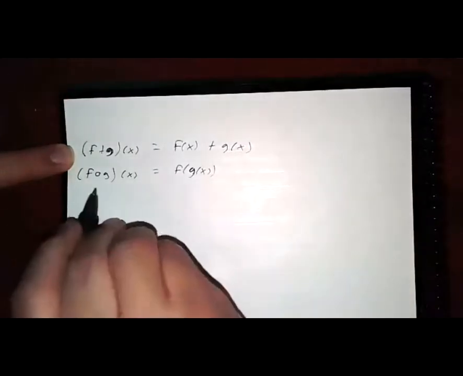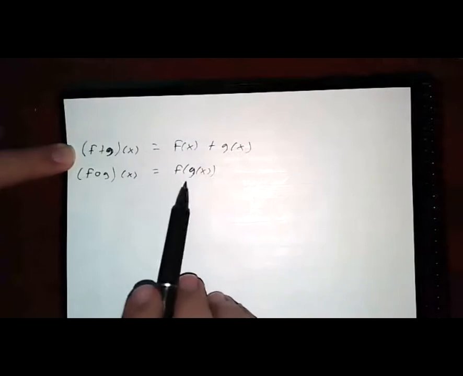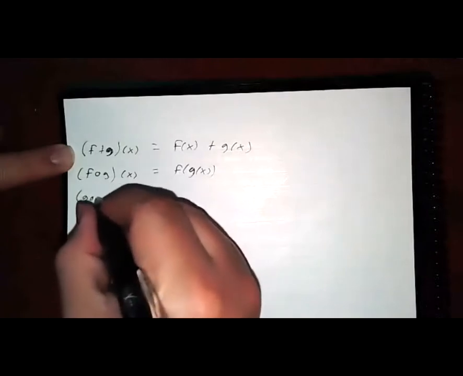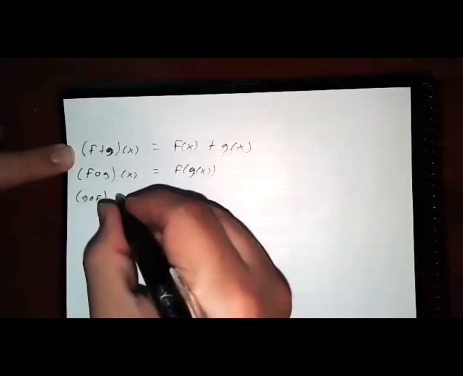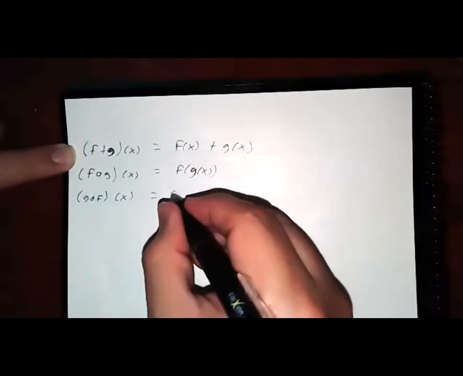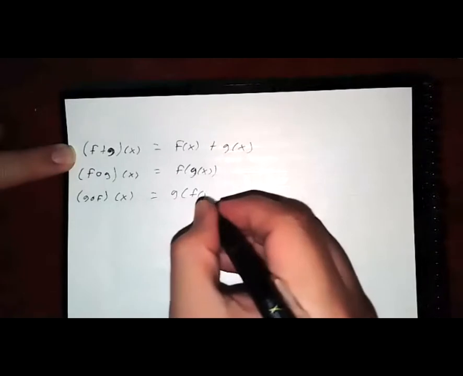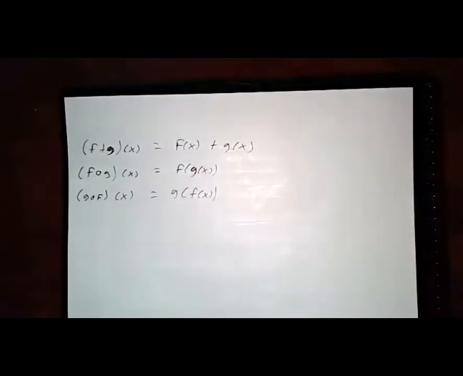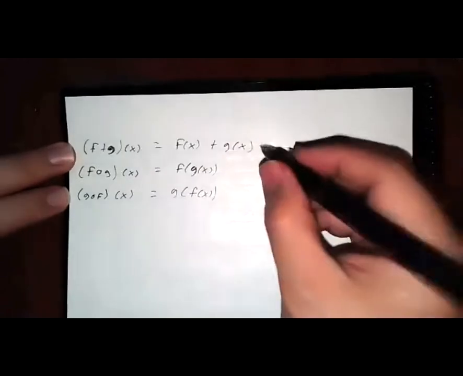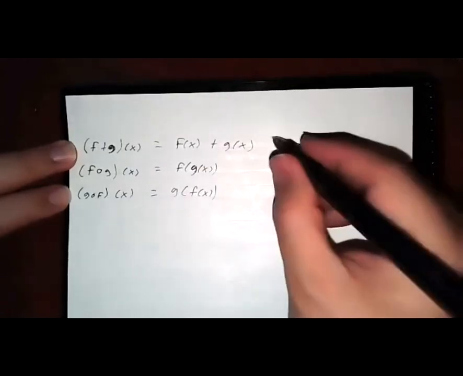That was what the notation meant, meaning you're putting the g function inside the f function to create a new function, a composite. And the other direction, g composed with f of x is equal to g of f of x. Does that look familiar a little bit? A little.